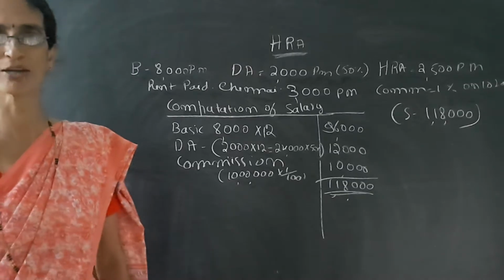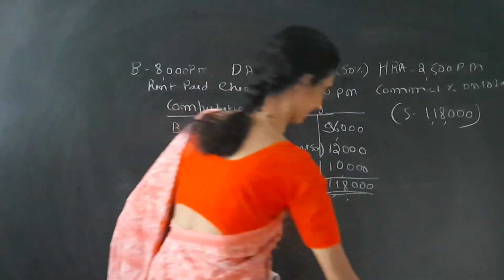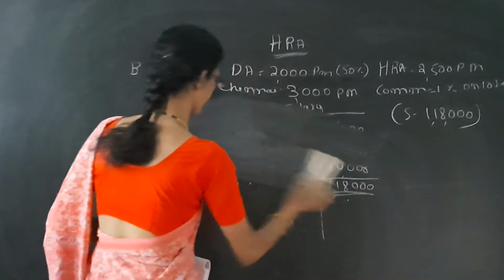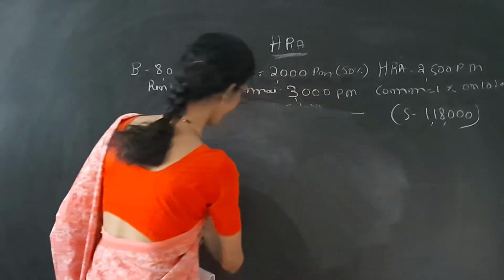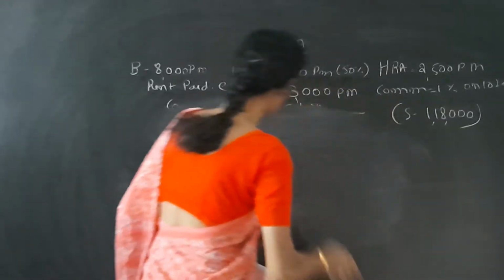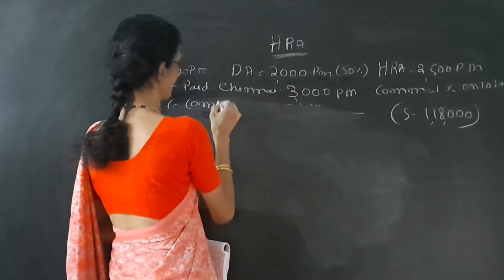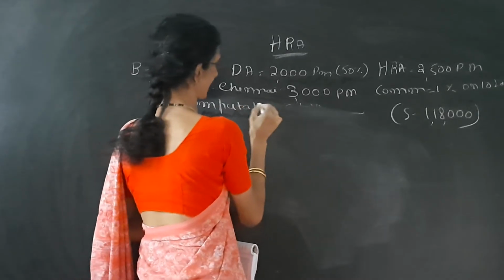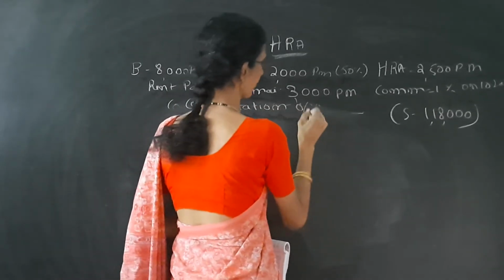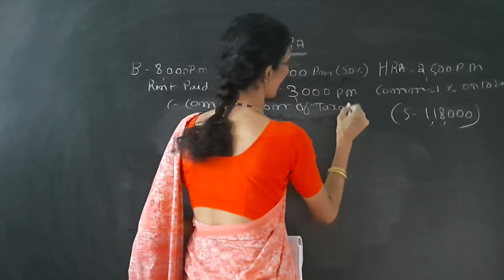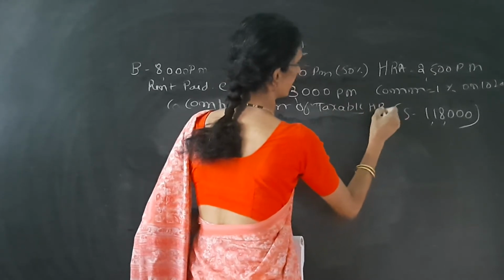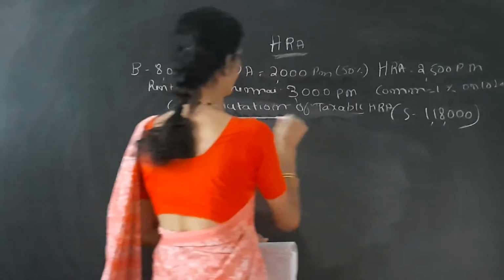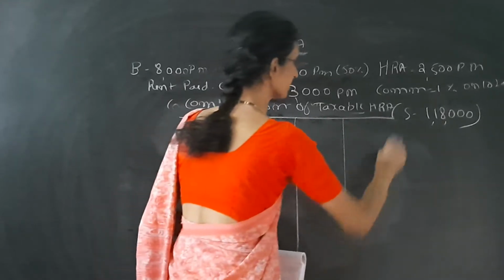Next step, we have to calculate the HRA. So next we have to write computation of taxable HRA, house rent allowance. Provide 2 columns.